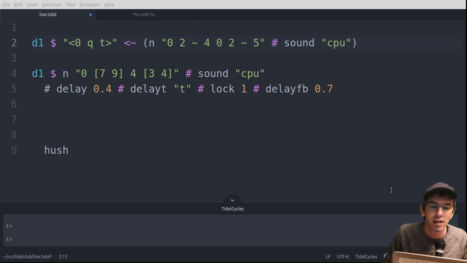All functions in Haskell have an output because Haskell, which Tidal is implemented in, is a pure functional programming language, which means that all functions have to have an output because they don't do anything apart from return something.